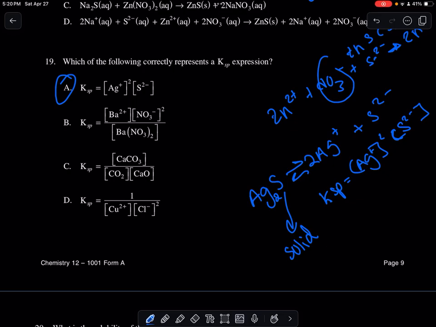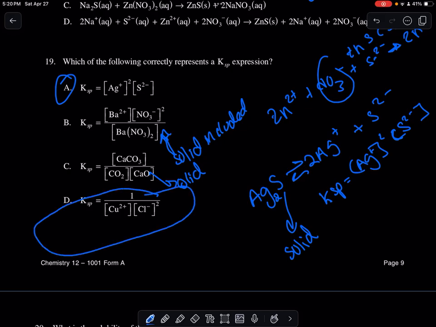So this option looks correct. Let's look at the other ones. Okay, in this one, we have barium nitrate and they've included the solid, which is wrong. Again, calcium oxide, it's a solid, so we've included that. And they've also calcium carbonate, it's somewhat soluble, so that should be Ca2 plus CO3 2 minus. This is just wrong because they've just included the ions on the bottom when they should be on the top.